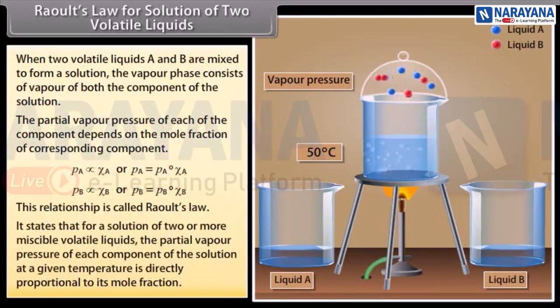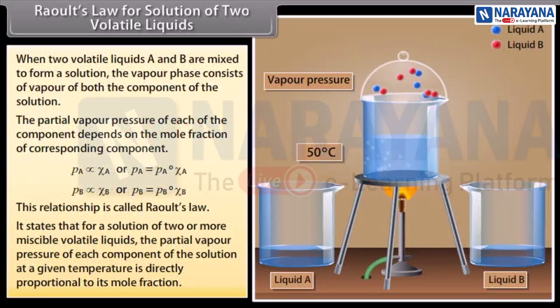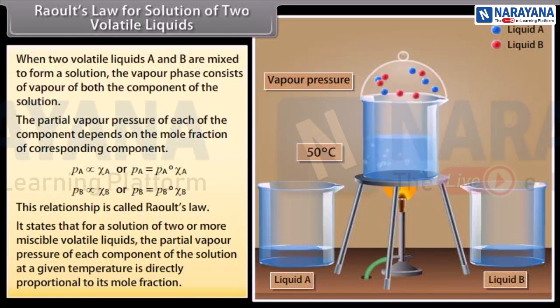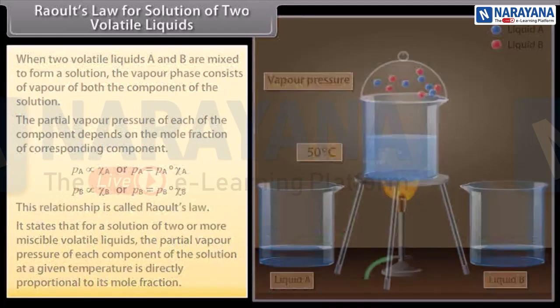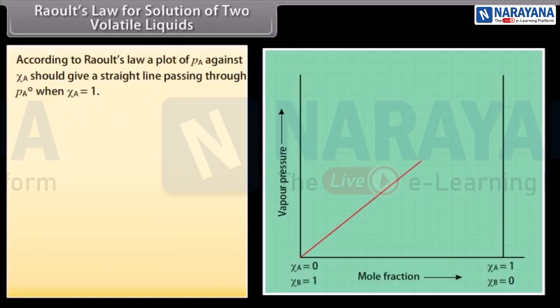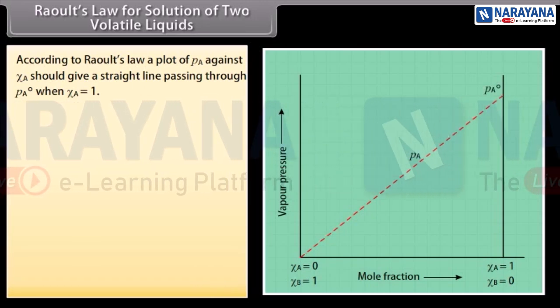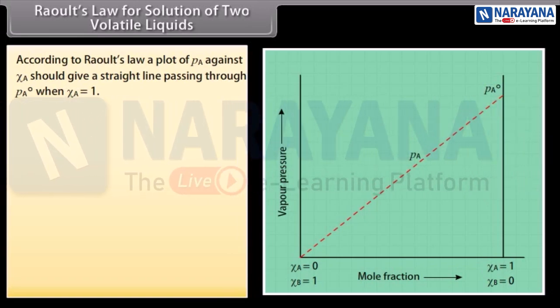It states that for a solution of two or more miscible volatile liquids, the partial vapor pressure of each component of the solution at a given temperature is directly proportional to its mole fraction. According to Raoult's law, a plot of PA against XA should give a straight line passing through PA naught when XA is equal to 1.